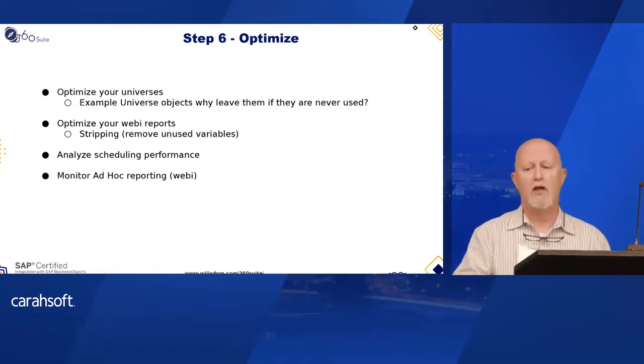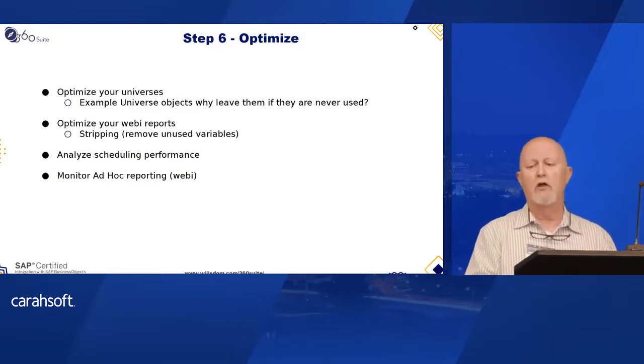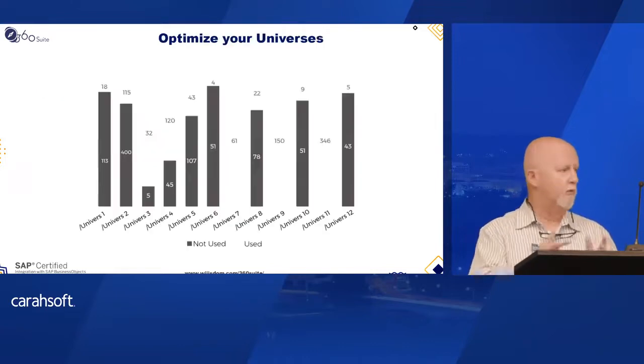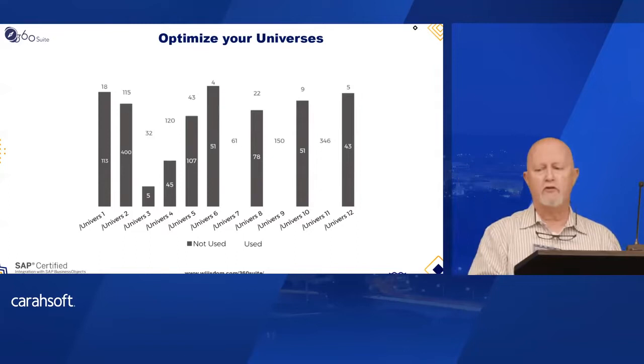And that will allow us to do some stripping on the Webby reports, get lighter universes. And of course, we have the scheduling, we have the statistics on that. We can improve that.